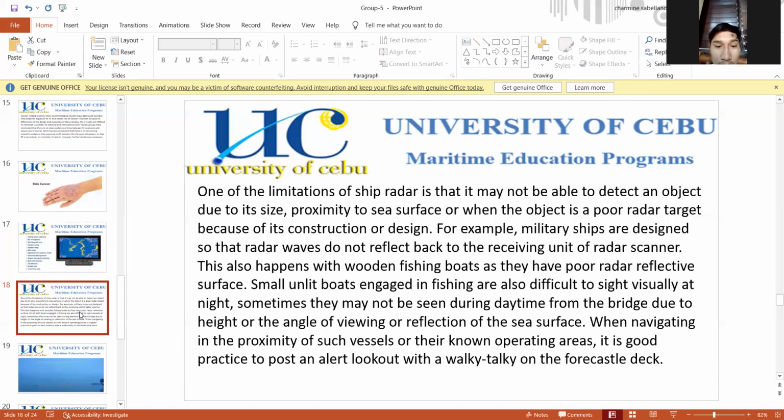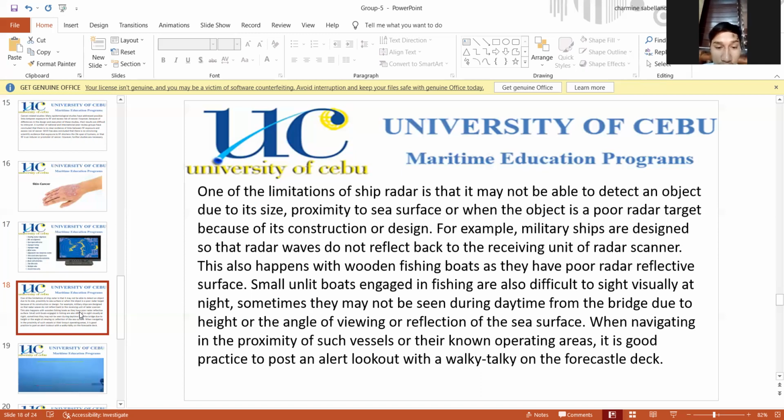One of the limitations of ship radar is that it may not be able to detect an object due to its size, proximity to the sea surface, or when the object is a poor radar target because of its construction or design. For example, military ships are designed so that radar waves do not reflect back to the receiving unit of the radar scanner. This also happens with wooden fishing boats as they have a poor radar reflective surface.